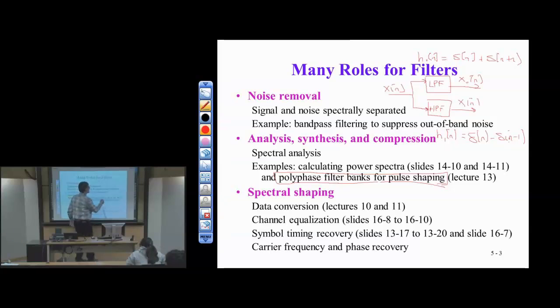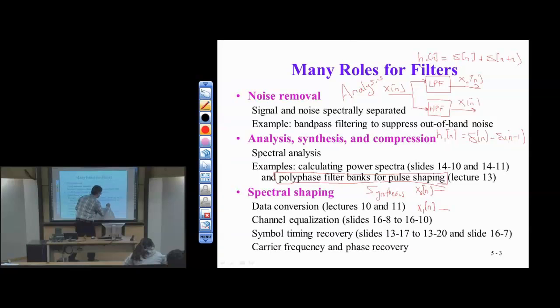Synthesis is the dual of this. Synthesis would be, given these two components, low pass and high pass, how do I now recombine them to get back to x of n, or at least as close as I can to x of n? So for synthesis, my inputs are going to be x0 and x1.